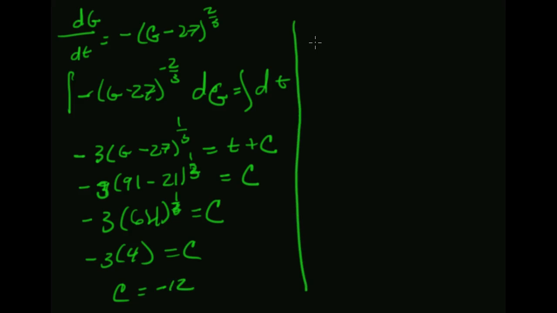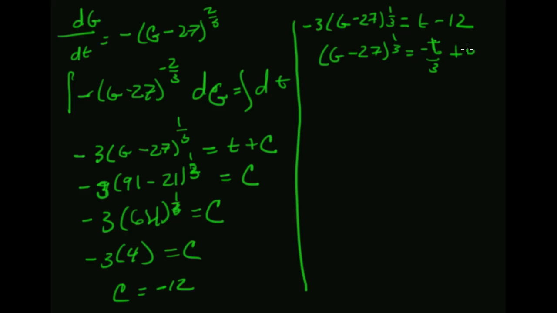All right, so that gives me the curve, right? So negative 3 (G minus 27) to the 1/3 is t minus 12. All right, so divide by negative 3, get (G minus 27) to the 1/3 is negative t over 3 plus 4.